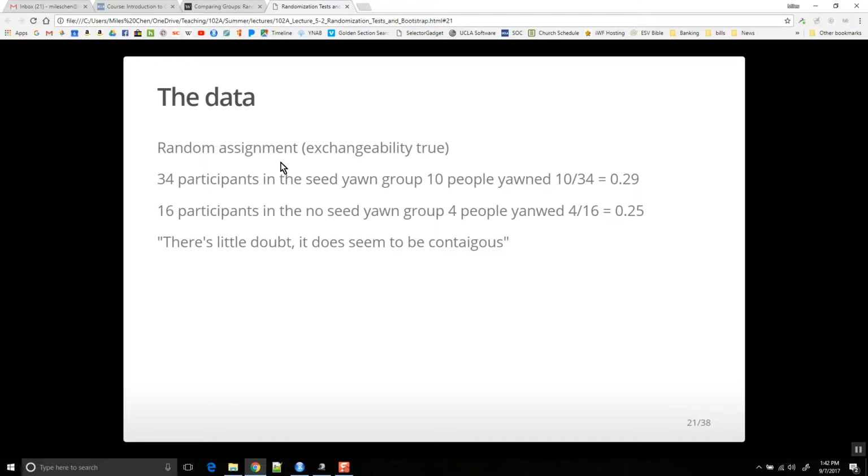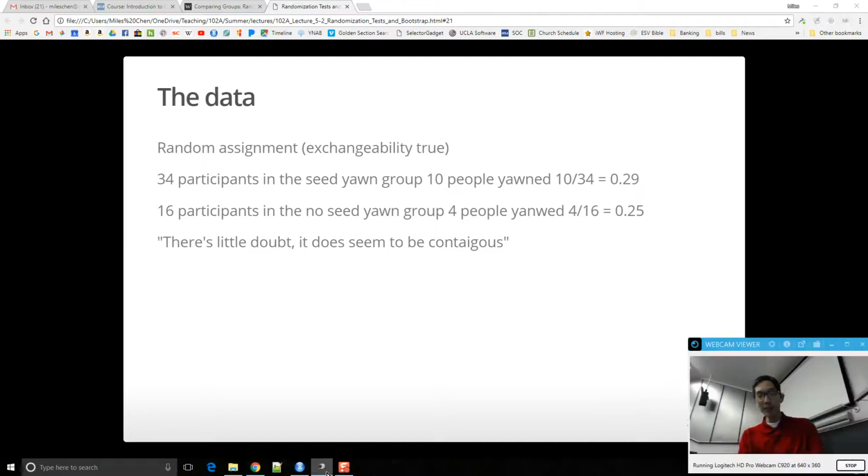We had, they did do random assignment, right? The people came in, and based on the order that they came in, 2 of them got a seed yawn, 1 of them did not. Because that line could have been in any other order, we can say that this idea of exchangeability holds up, right?